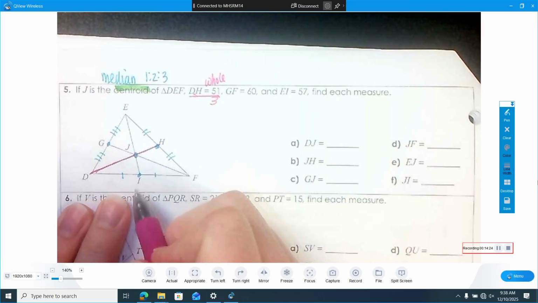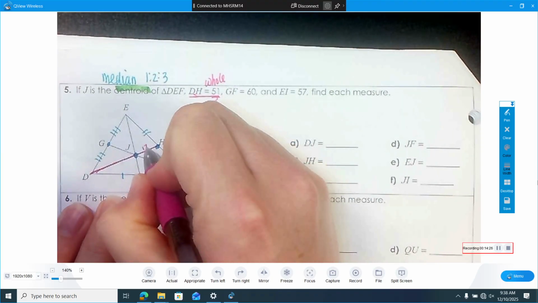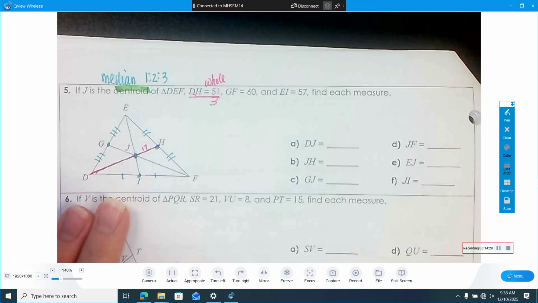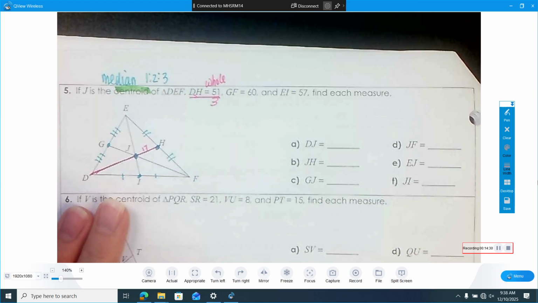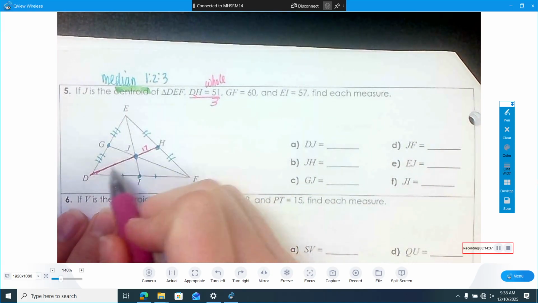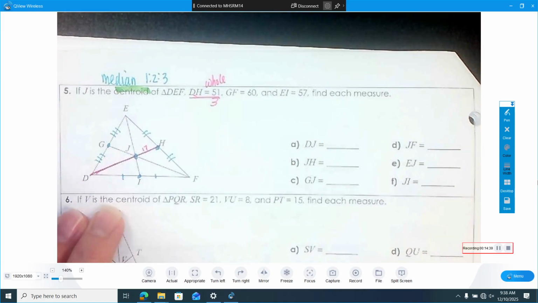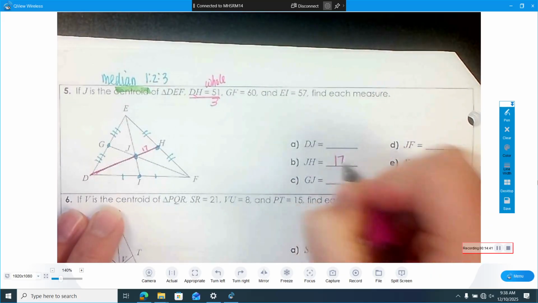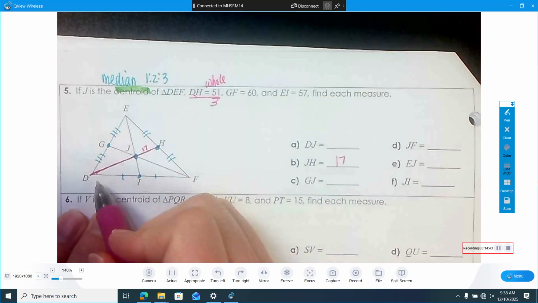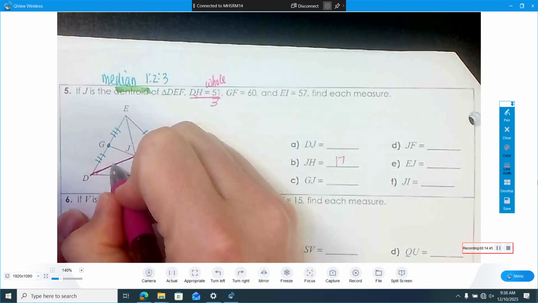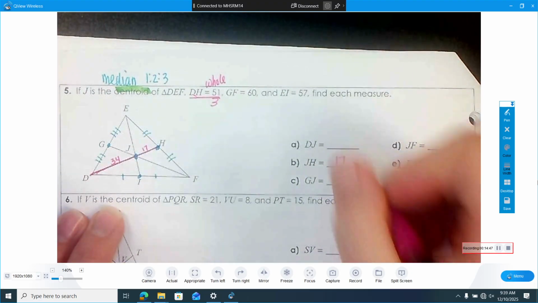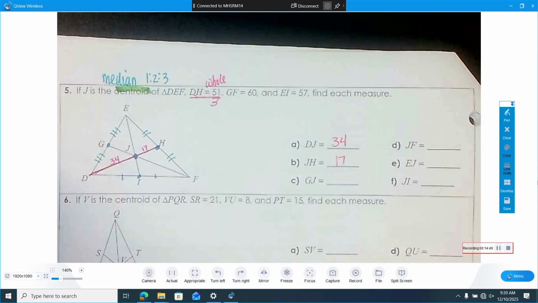The small piece is 17. You'll notice I didn't write down 51 because I have no place to do it. It's too confusing. So I might as well just change it. All right, fix it so it works on my picture. If JH is 17, which is right here, what is DJ? 34. And again, that was just doubling it. So DJ is 34.